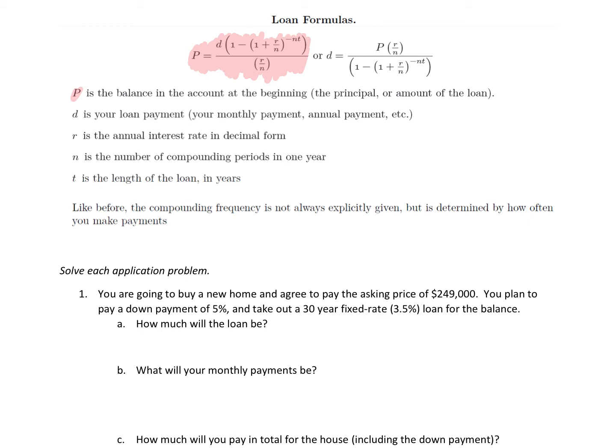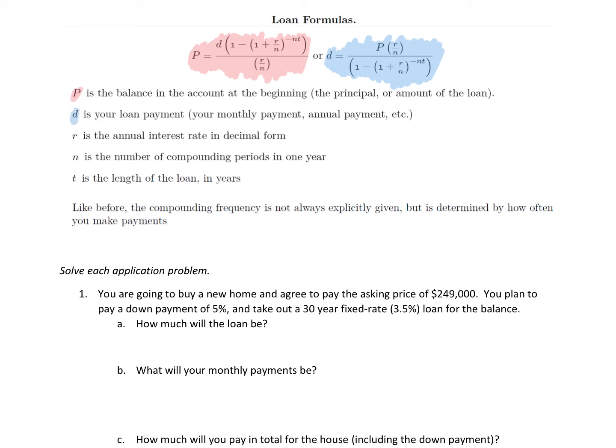Alternatively, because usually if you give out a loan, or if you take out a loan, you have to make monthly payments in order to pay that loan back, like a mortgage or a car payment. Sometimes you don't know how much money you want to borrow, but you know how much money you can afford to spend per month. So in that case, you might be looking for the D, the payment amount each month.